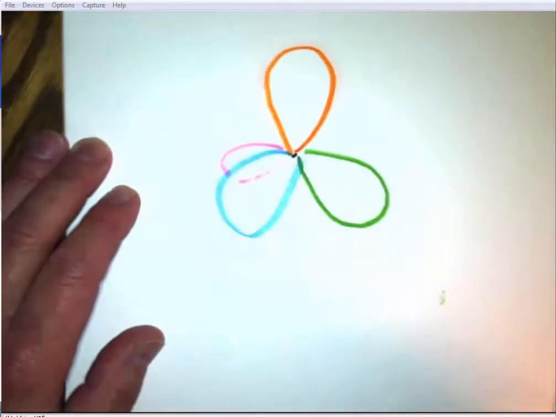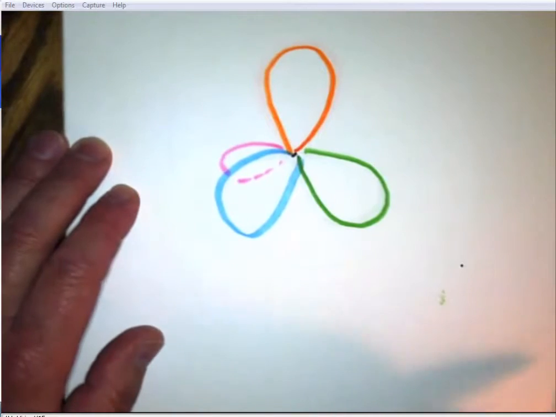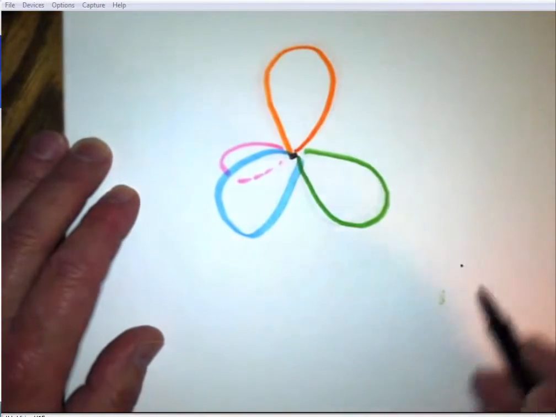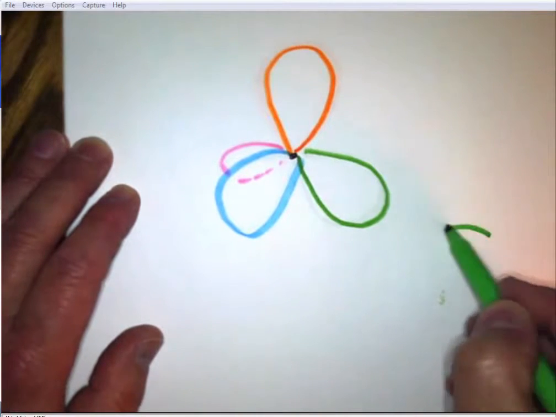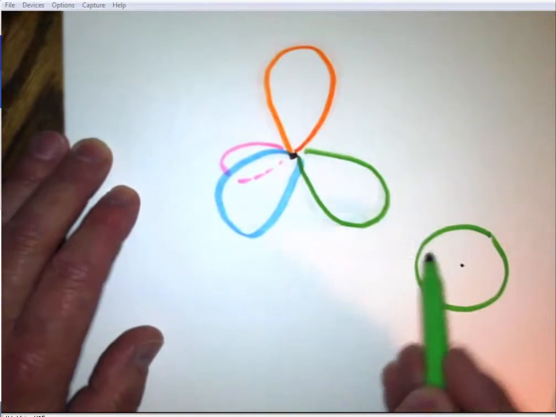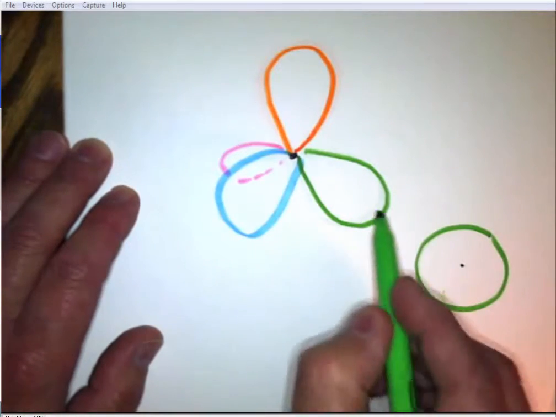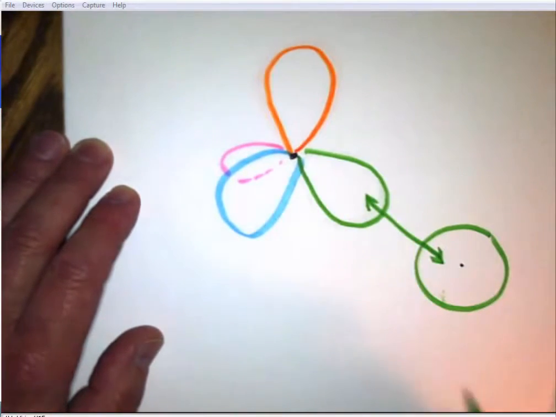And then I want to put a hydrogen over here, because this is the nucleus of our carbon, and here's a nucleus for our hydrogen. And it only has an s orbital, right? So when we share those electrons, we're actually combining these two orbitals. Does that make sense?